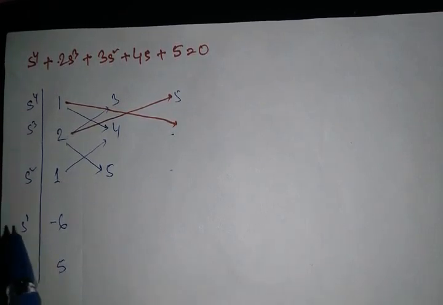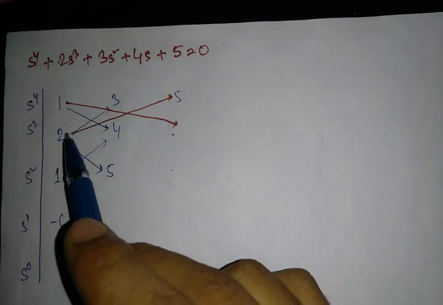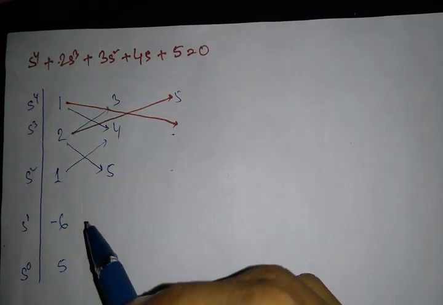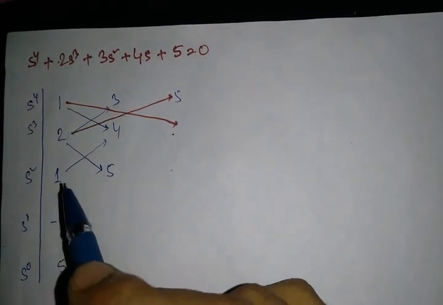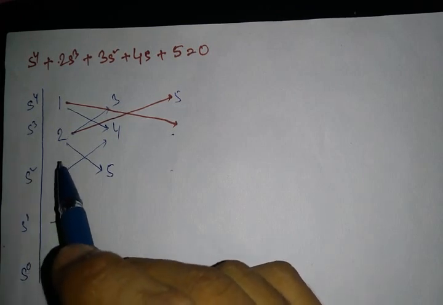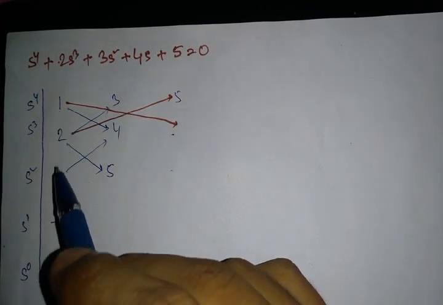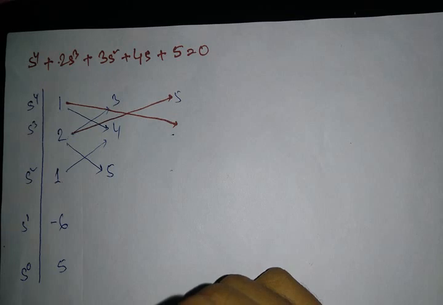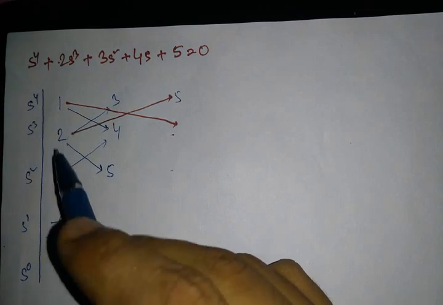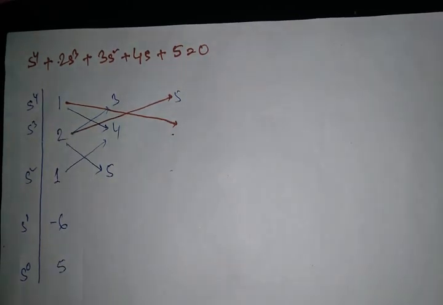So now our Routh array formulation is over. According to Routh's criteria, a system is stable if all the coefficients in the first column have the same sign, and if any sign change occurs in the first column, then the system is unstable.